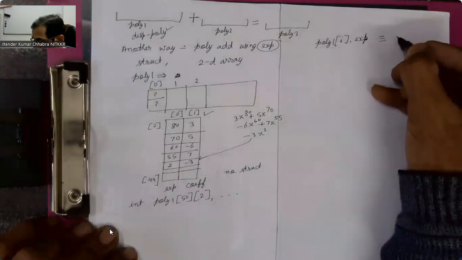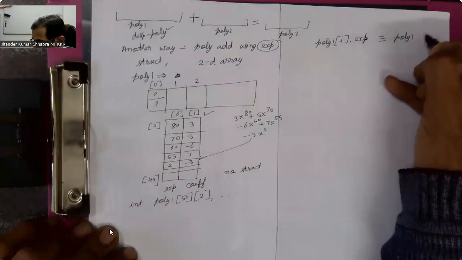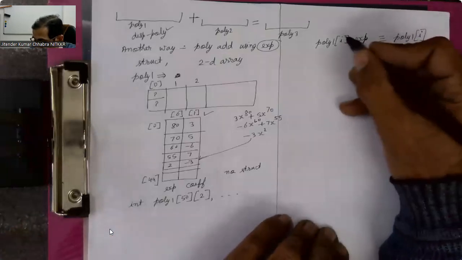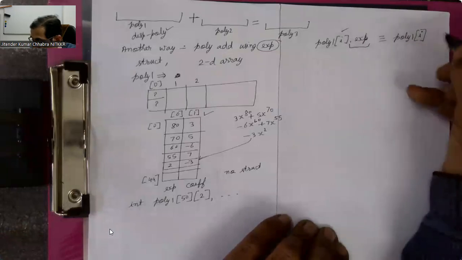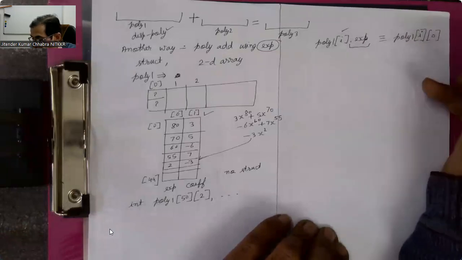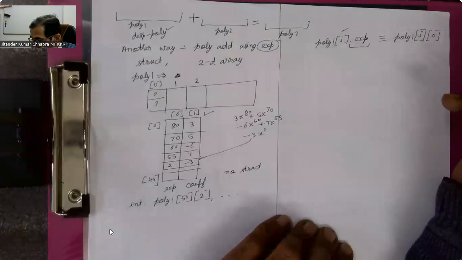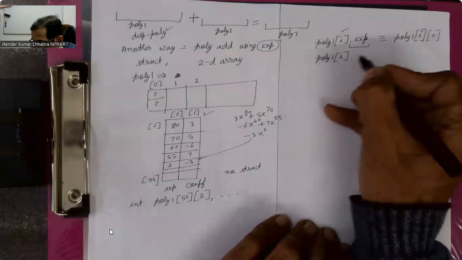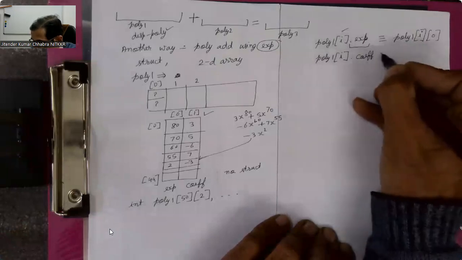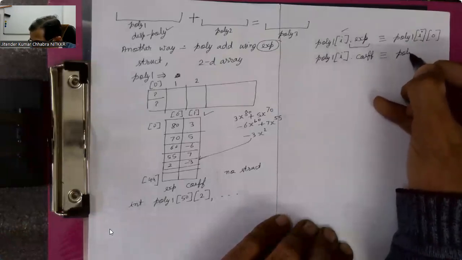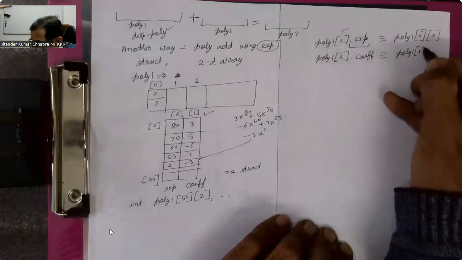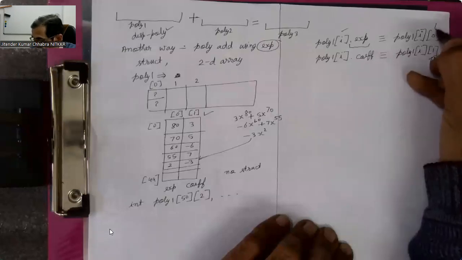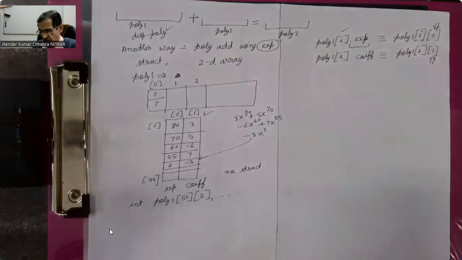This is equivalent to now saying poly 1 i. Poly 1 i represents the ith term of poly 1, same as this. Dot exponent, instead of this, it will become the 0th column of the ith term. And poly 1 i dot coefficient is equivalent to saying poly 1 i with column as 1. That's it. No other change.